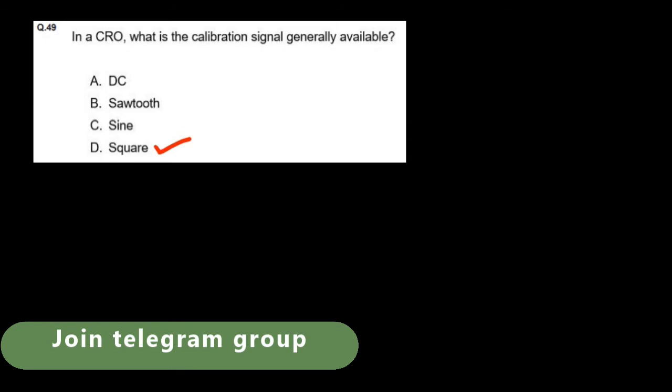So I will go with the square wave only. I couldn't find anywhere it is mentioned as a sawtooth in any of the books. So please check it out. If you get any book where it says it's a sawtooth, please let me know.